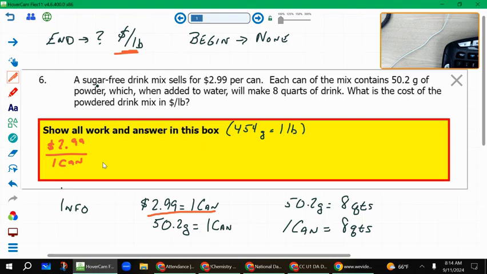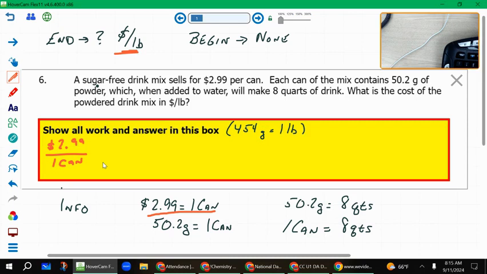Okay, that gives us enough to get to where we're going. By looking at it, I can go from cans to grams, and then I can go from grams to pounds. That's the nice part about these relationships. If I can get to one side, I can get to the other.